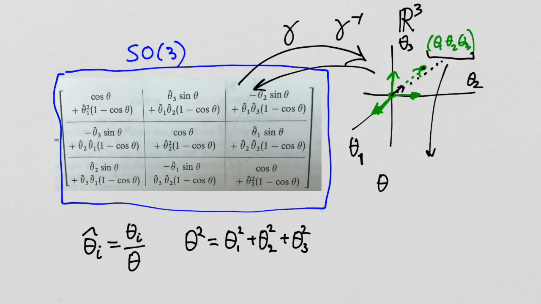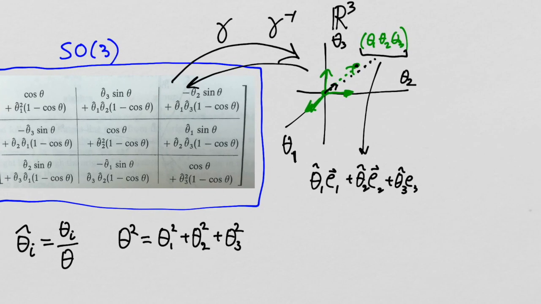That direction is going to be theta 1 hat times the E1 unit vector, plus theta 2 hat times the E2 unit vector, plus theta 3 hat times the E3 unit vector.